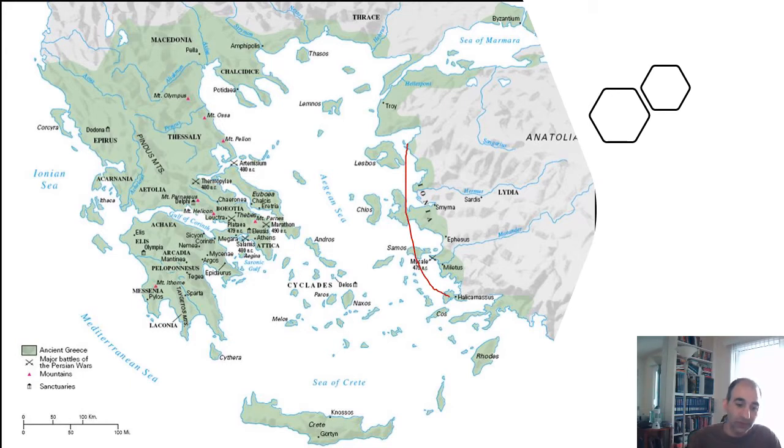The Ionian Revolt is when the city-states in Ionia decide they don't want to pay taxes anymore to the Persian emperor, right? Yeah, we're under your influence, but we still don't want to pay you taxes. That's the Ionian Revolt. And Miletus was one of the areas that led the Ionian Revolt.